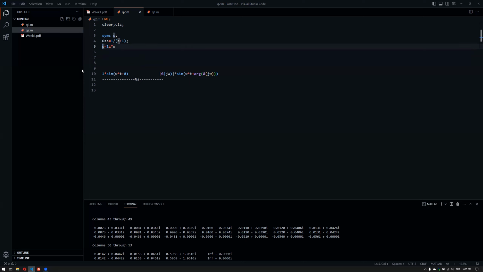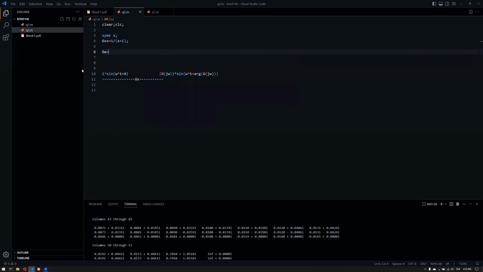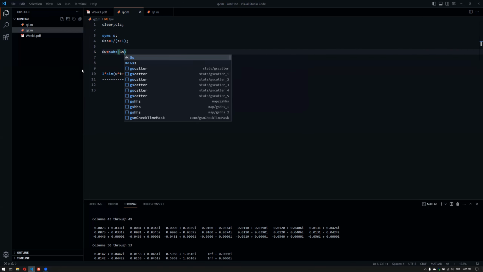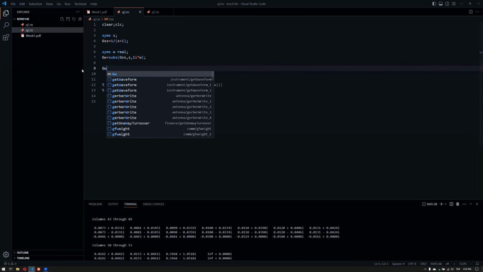So when we plug in this value, which we can and which we should do maybe, we substitute in G(s) s equals 1i times omega. I'm literally doing this. Therefore, I need something called omega, which is going to be real by definition. I will end up with something like this.